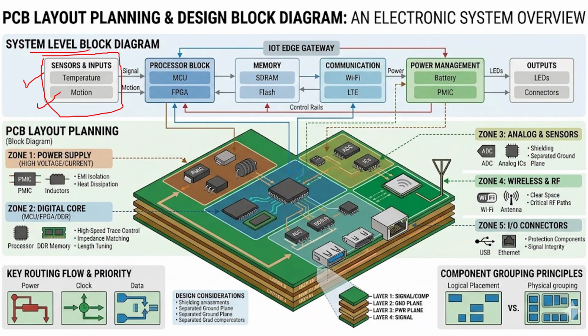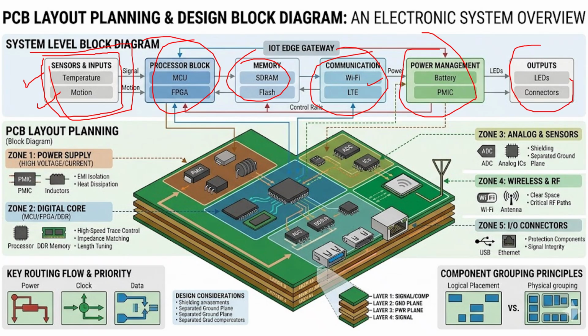You can collect the inputs with the help of these, and then you can process the information, and then you can use the memory to keep the information. Further, you can use Wi-Fi or LTE to communicate the information, and for power management, like battery PMIC, you can use. Finally, the actuator or, for output purpose, you can use an LED, right?